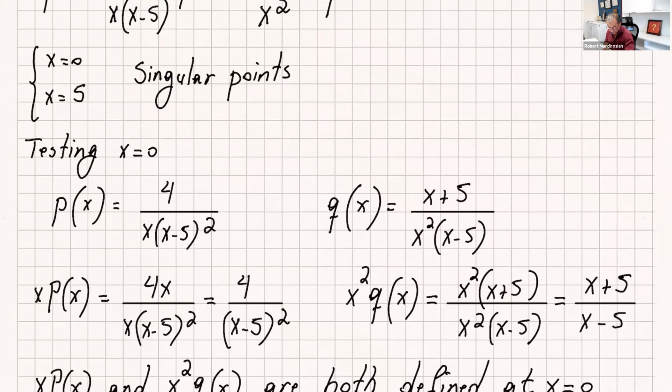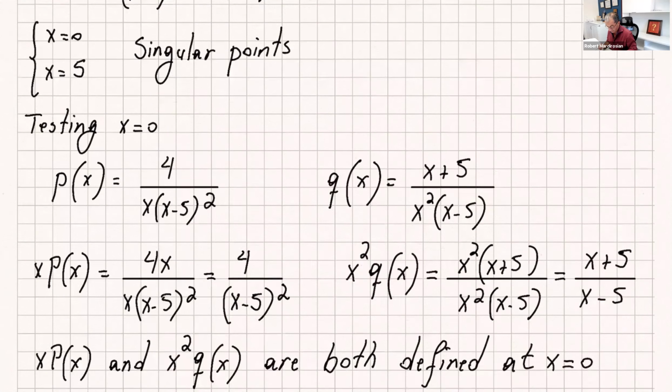To do that, for x equals 0, you multiply P of x by x and Q of x by x squared. Take the factor times P of x and the factor squared times Q of x.